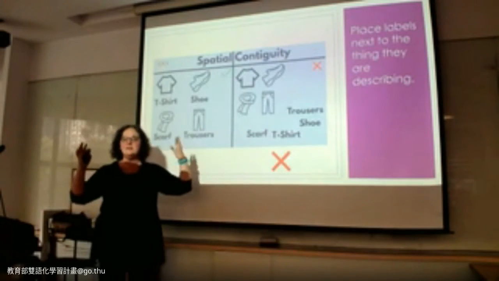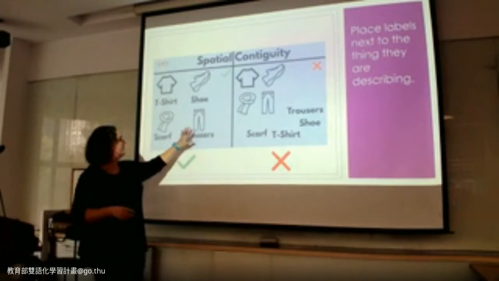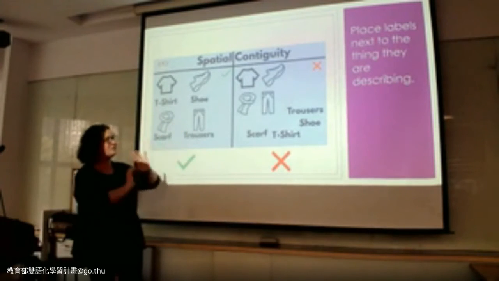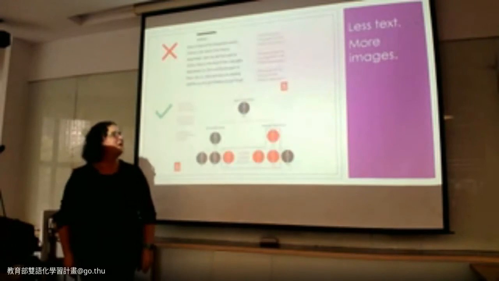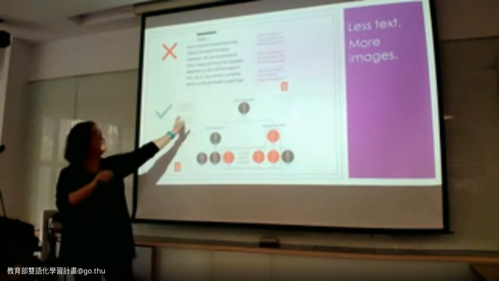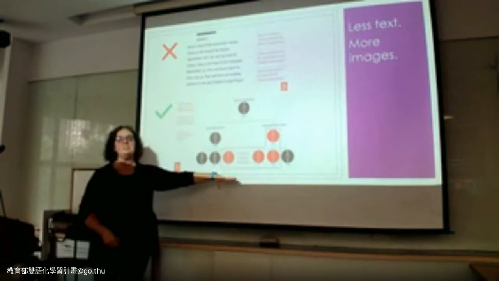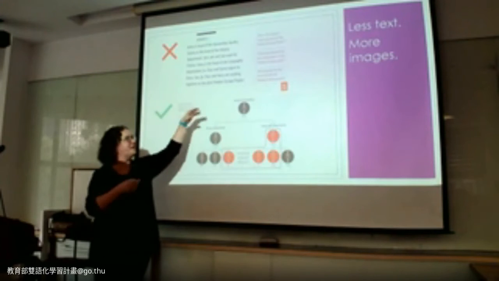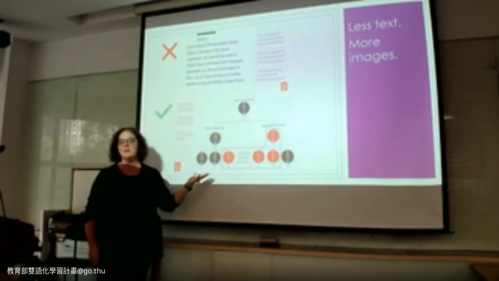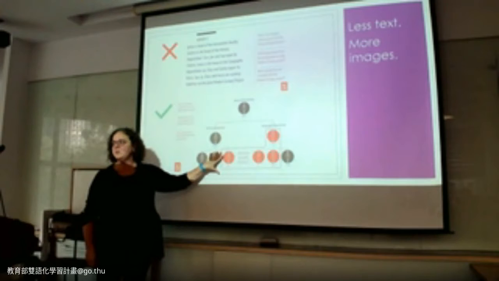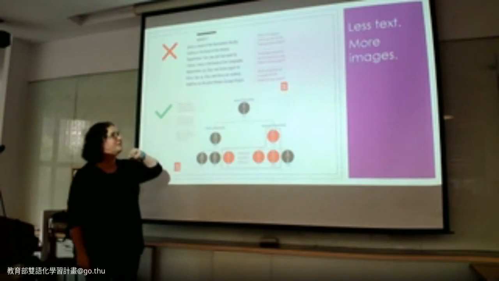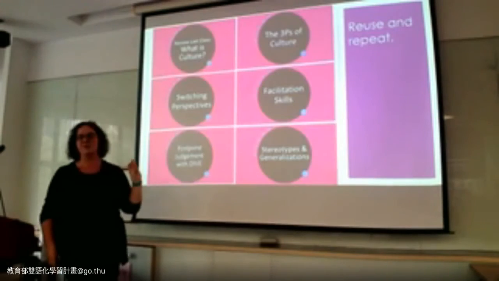I know this sounds simple, but we don't always do it. If you're going to label something, put it close to where it is. Don't stretch things across. Take text, make it visual. Same information is being presented. Same case study, totally different layout. This one has way less cognitive load. I don't have to process all the words. So less text, more images.